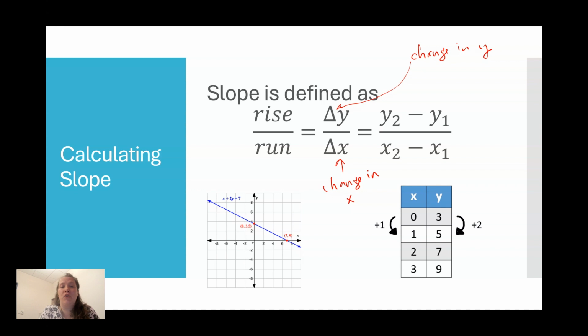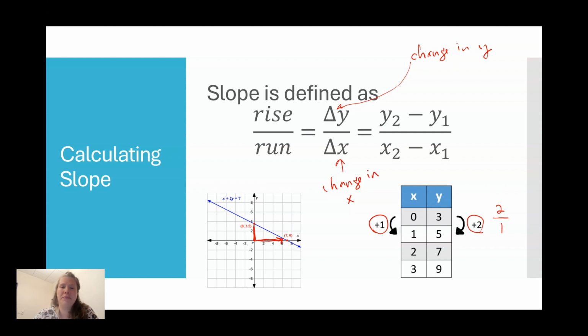If you're looking at a graph, you can just count between 2 points how far it goes up and down and how far it goes left and right. And if you have a table, you can find your change by subtracting 2 y's and 2 x's to see how much it is increasing by. In this one, since we went up by 2 on the y and up by 1 on the x, our slope would be 2 over 1.